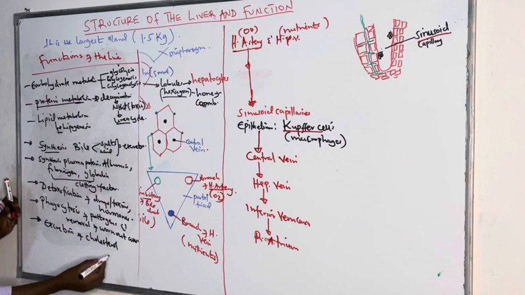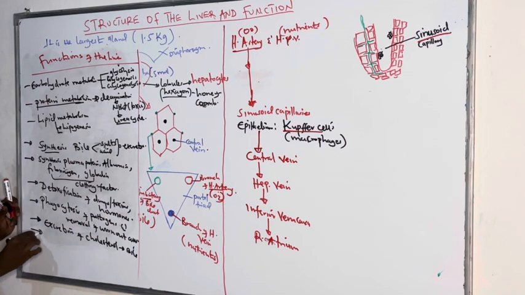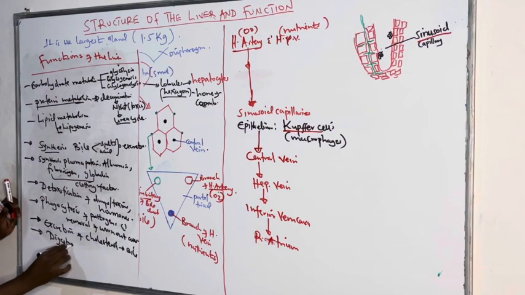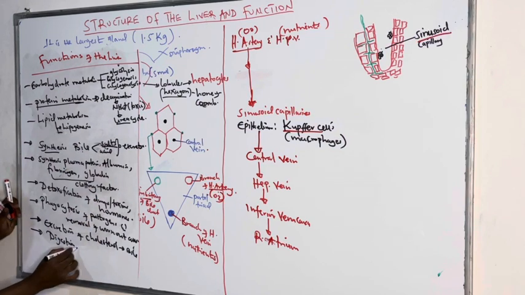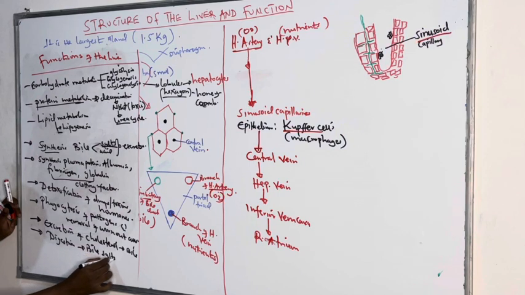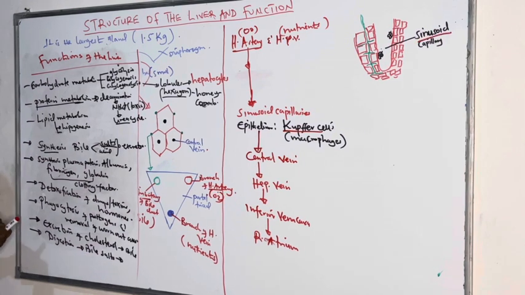And this cholesterol is excreted in the form of bile. Together with the bile, we see this liver also playing a big role in digestion, whereby the bile salts that are secreted enable emulsification of fats.